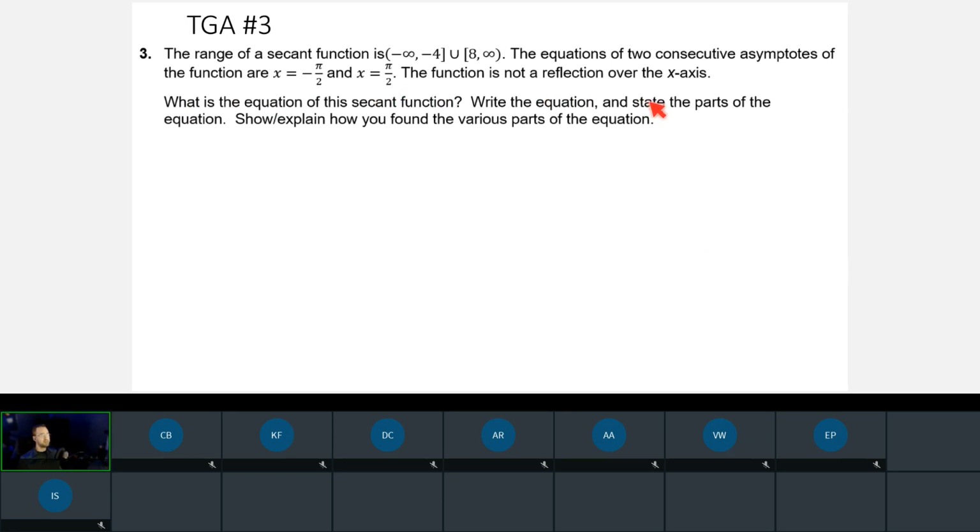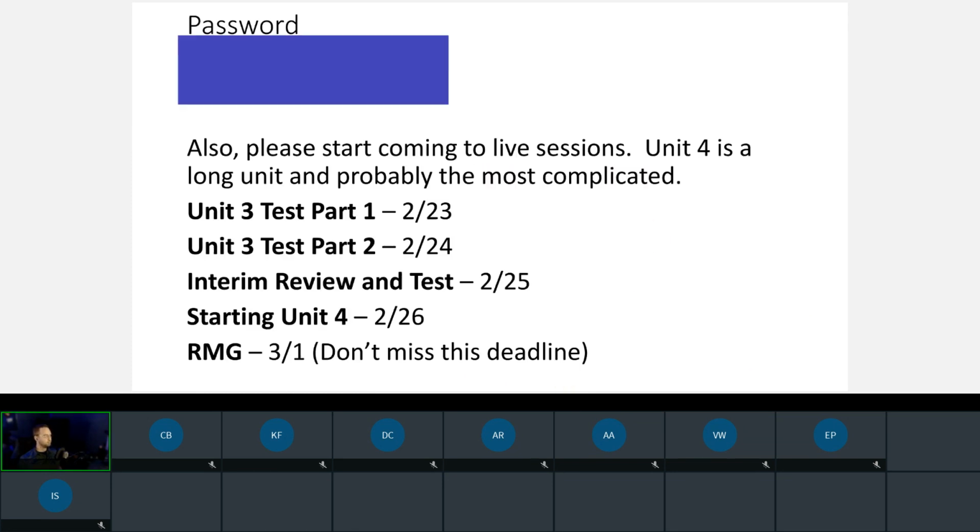The function is not a reflection over the x-axis. What is the equation of the secant function? State the parts of the equation, and show or explain how you found the various parts of the equation. So this is just like that bell work problem. Should be easy by now.